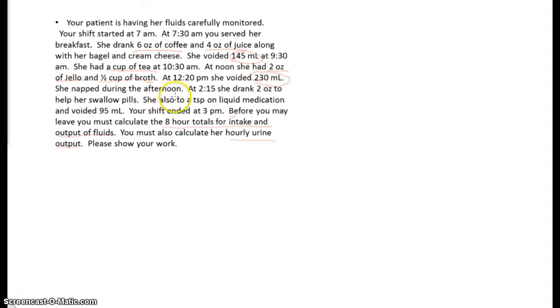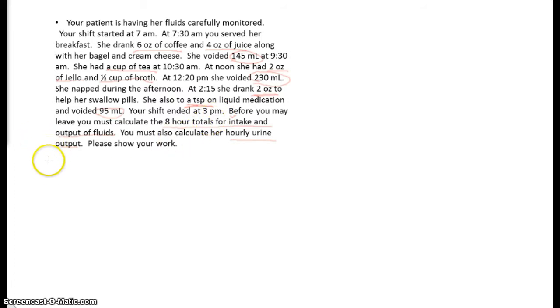She napped during the afternoon. At 2:15 she drank 2 ounces, so that's intake, to swallow her pills. She also took a teaspoon, that's a liquid, so need that too, of liquid medication, and she voided, so circle that for the output. Your shift ended at 3 p.m.